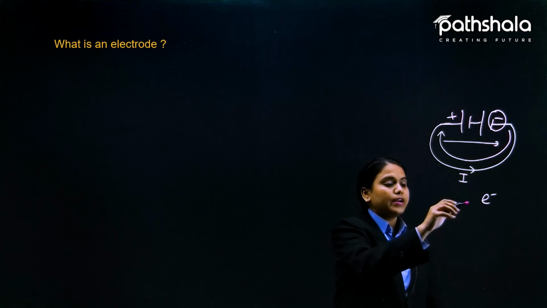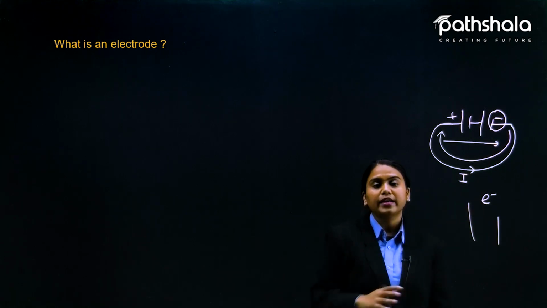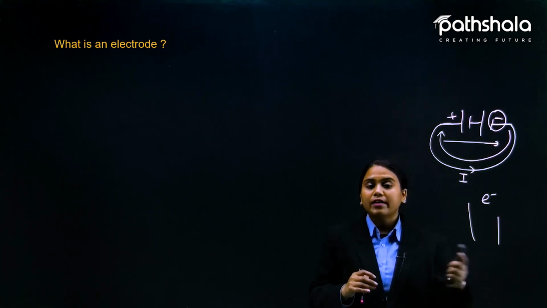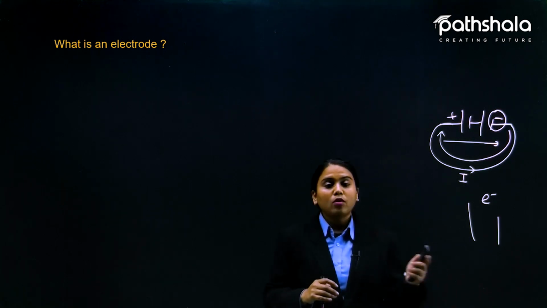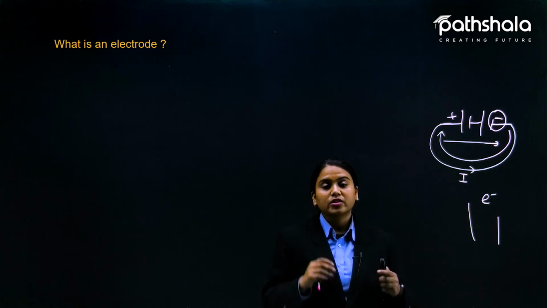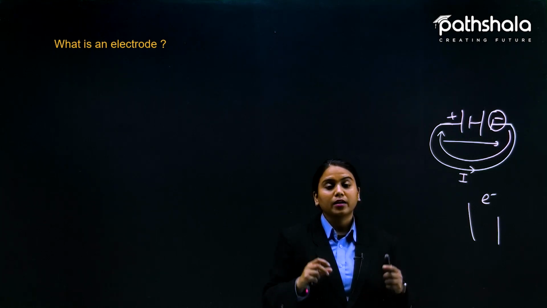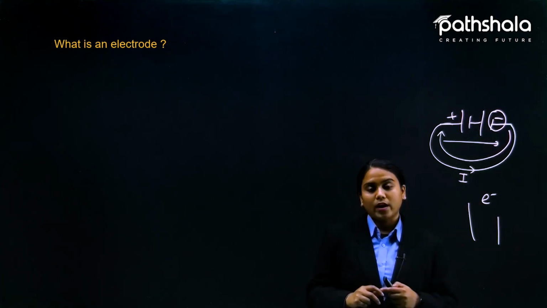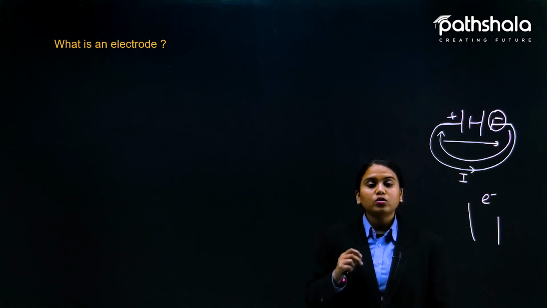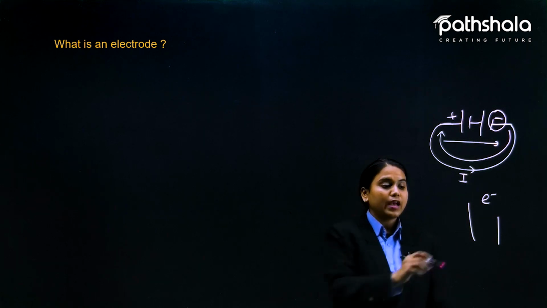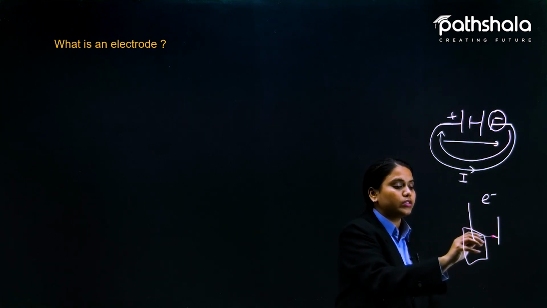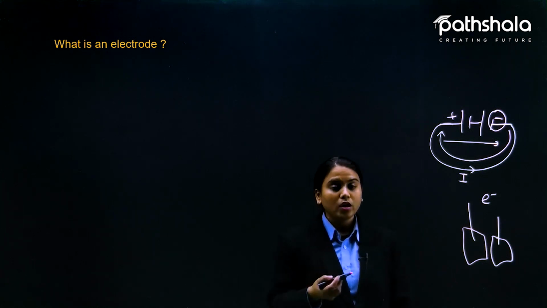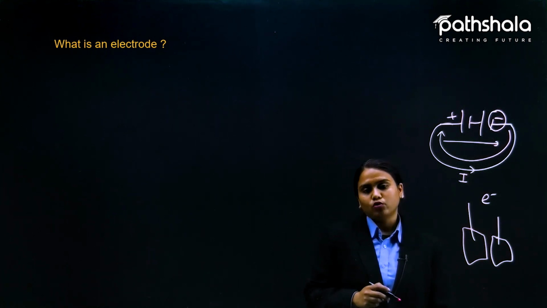If we take simple wires and dip them into the liquid, they will not function well. They are very thin, and the electric charge flowing through them is very large, so the wire would melt. That is why we don't use such wires directly. Instead we fit electrodes, rods, because electrons flow through them.